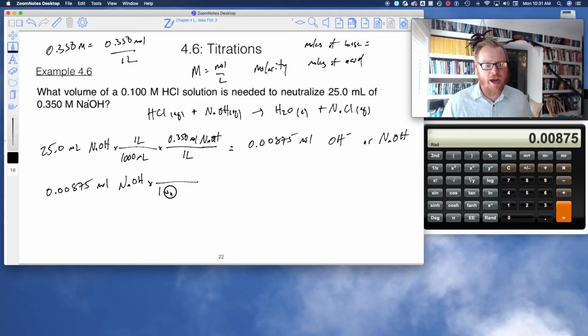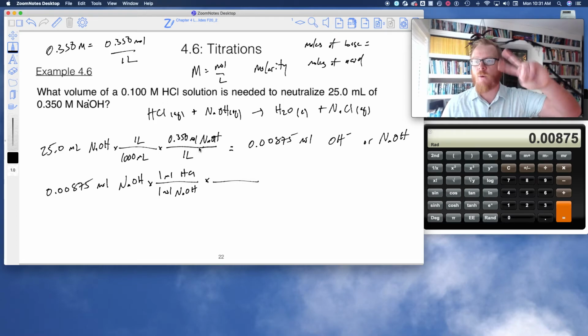And the balanced reaction tells me 1 mole of NaOH reacts with 1 mole of HCl, okay? And now I have to convert that mole of HCl into liters. Well, look, I have a concentration of HCl, 0.1 molar HCl. So I can use it the exact same way I did here, but now I'm gonna flip it, okay?